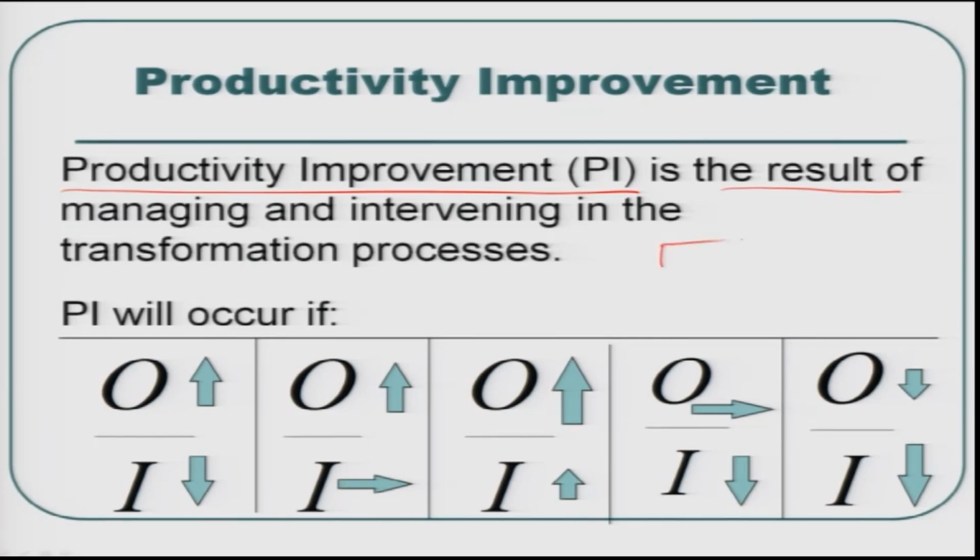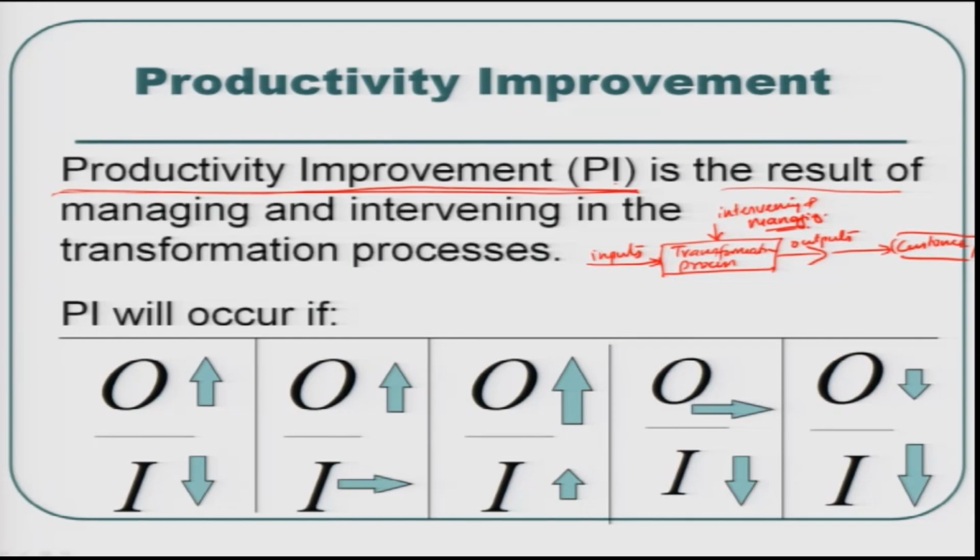If you remember the diagram, here is the transformation process, you had inputs, you had outputs, and these outputs were going to the customer. When you intervene, you are basically trying to manage the transformation process. That is where productivity improvement happens.